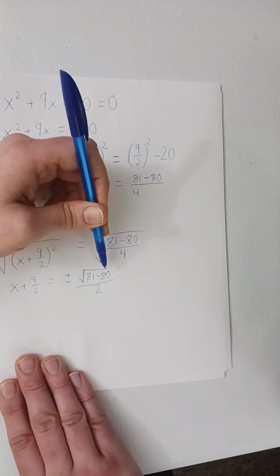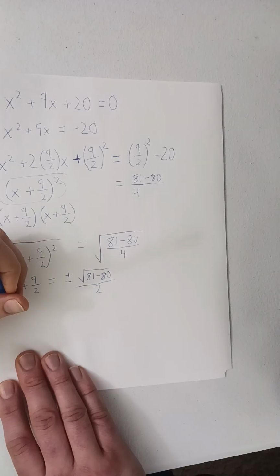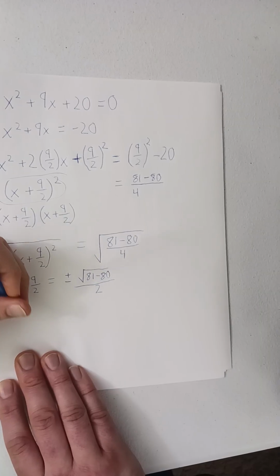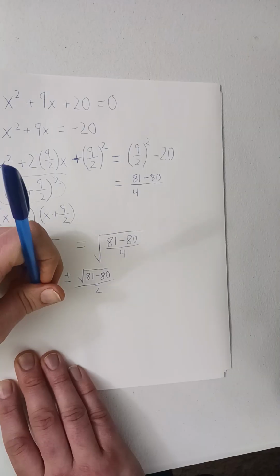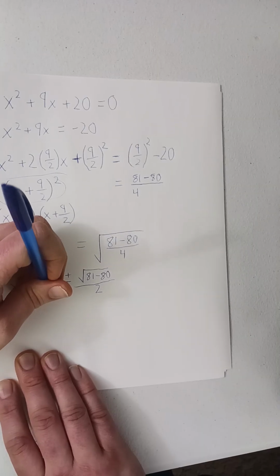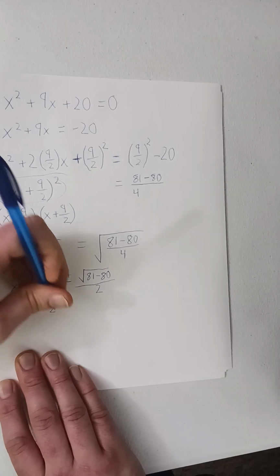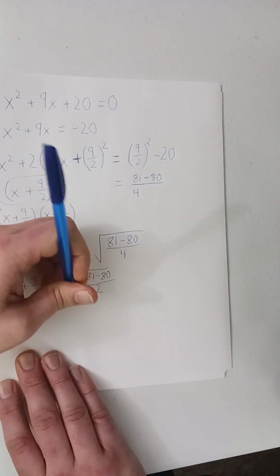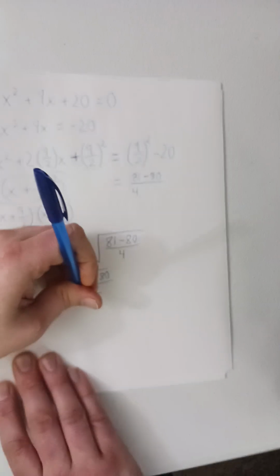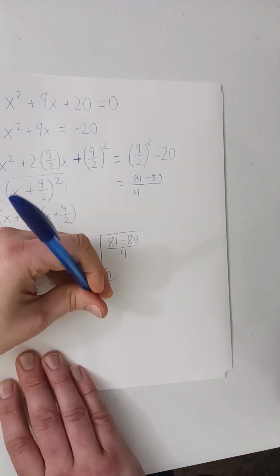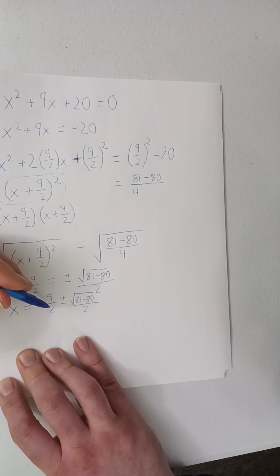So I can show you how to derive the quadratic formula. Now, we can move this to the other side. So we can have x equals negative 9 over 2 plus or minus the square root of 81 minus 80 over 2. These have the same denominator, right?